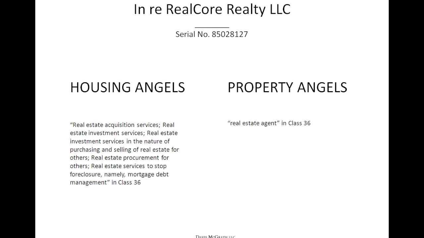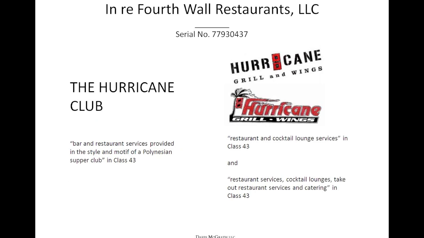The next case is called In Re Fourth Wall Restaurants, and the applicant had brought their mark for bar and restaurant services provided in the style and motif of a Polynesian supper club in Class 43. And there were two registrations, both owned by the same company, for their restaurant services. They've got two different design marks.